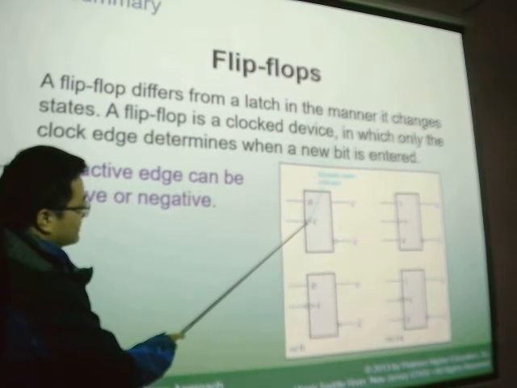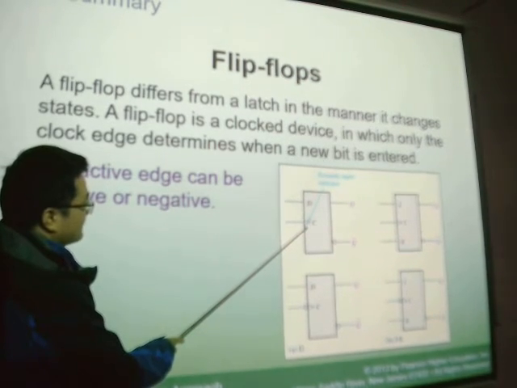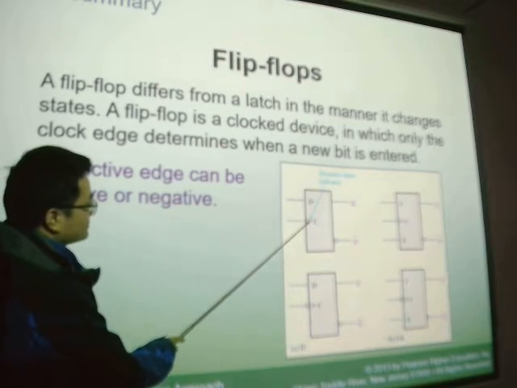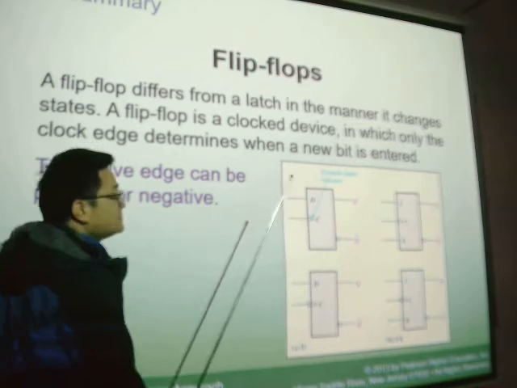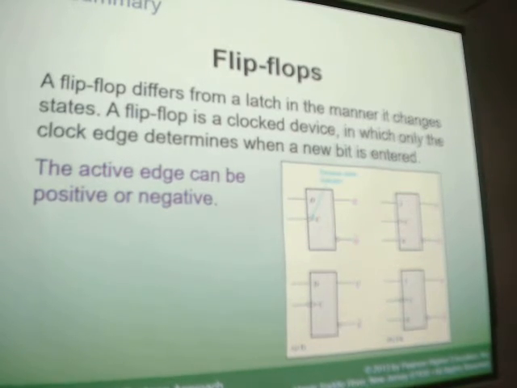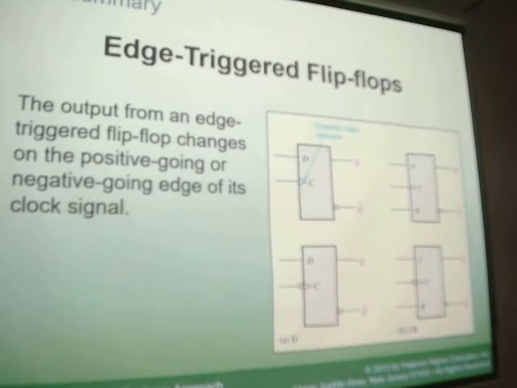The symbol is called the dynamic input indicator. Edge-triggered flip-flop. The output of an edge-triggered flip-flop changes on the positive-going or negative-going edge of its clock signal.